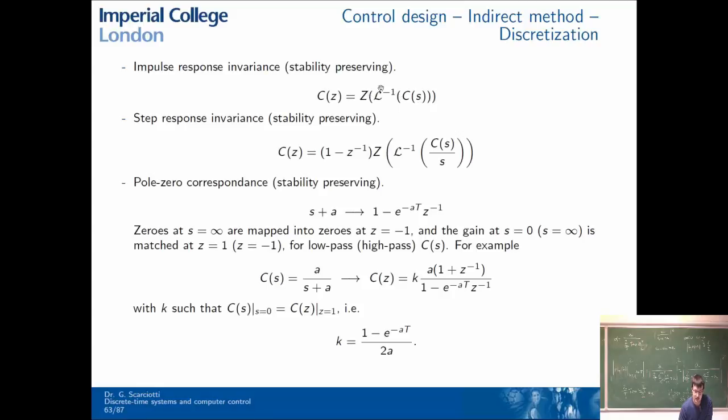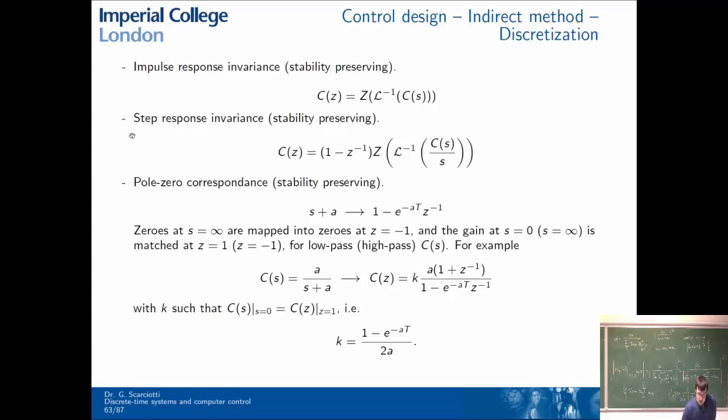And then the Z transform of the impulse response will give us C(z). It means that the discrete time version of the controller and the continuous time version of the controller have the same impulse response, because we have used the impulse response to go from one domain to the other, okay?